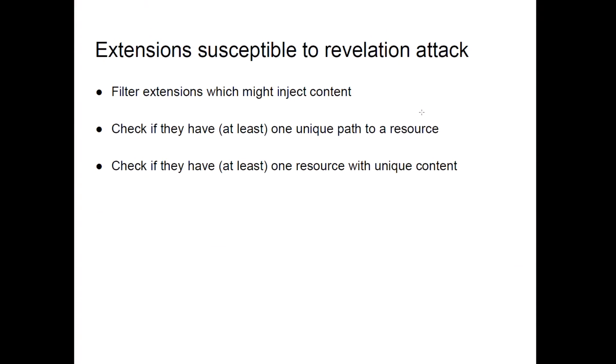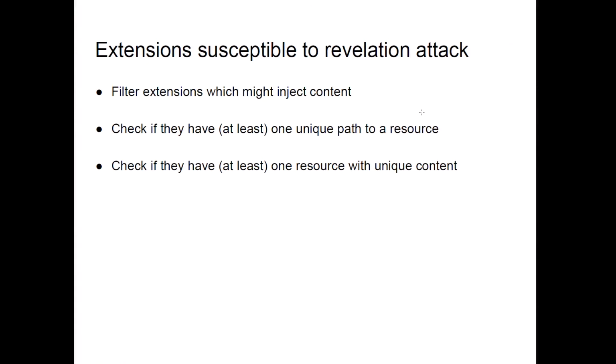So we want to figure out how many extensions are actually susceptible to this kind of revelation attack. We download all extensions for Chrome and Firefox, and then we filter out the ones which might inject content. This is based on two things. One, they must have at least one web accessible resource declared, and they must call a function to get this random UUID.